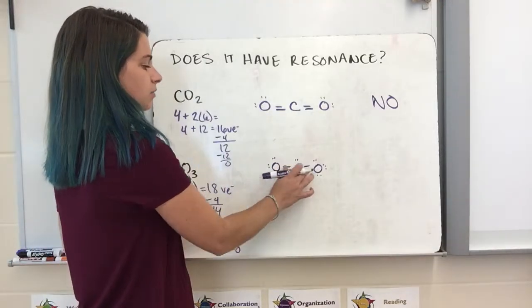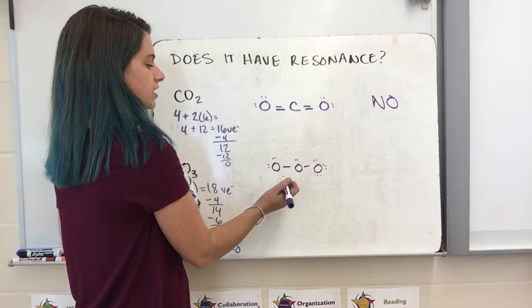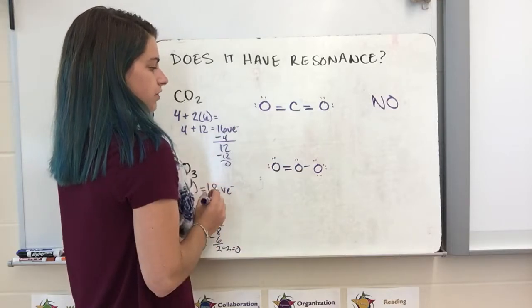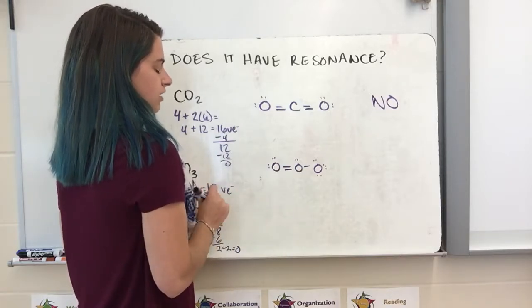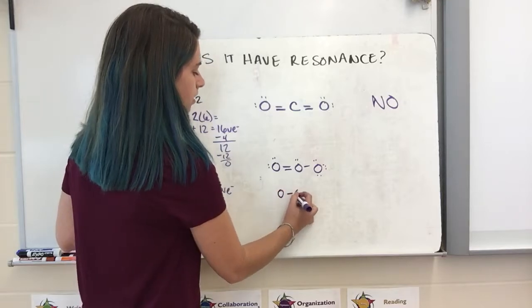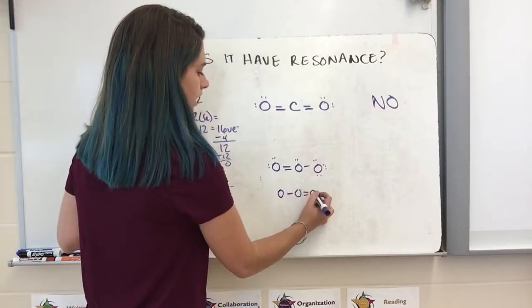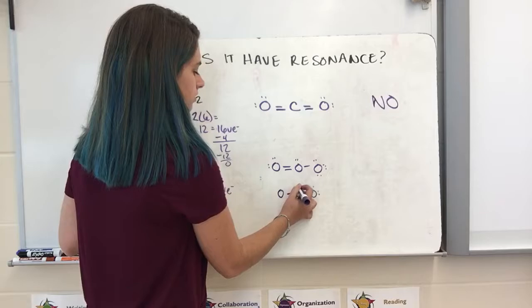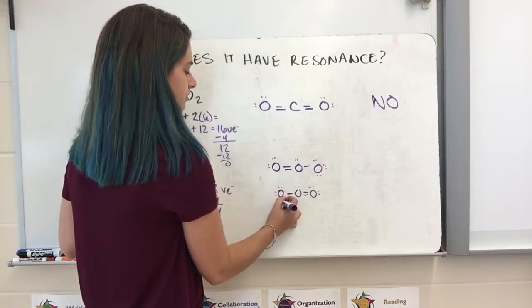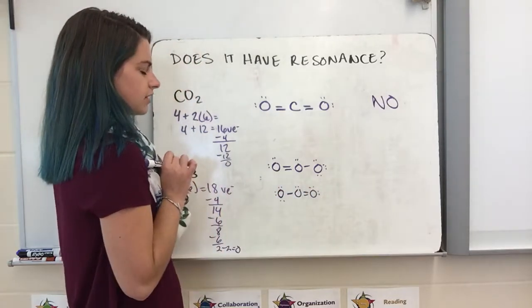Because since it doesn't matter which oxygen we take them from, we could take them from both. So I could take it from the left one and form a double bond, or I could take it from the right one and form a double bond. Either of those works.